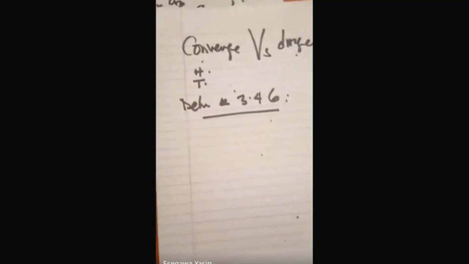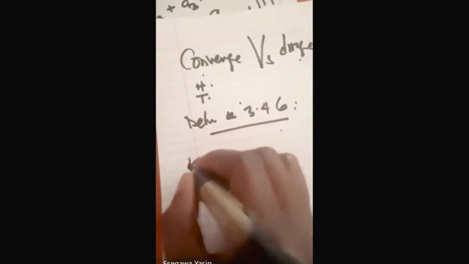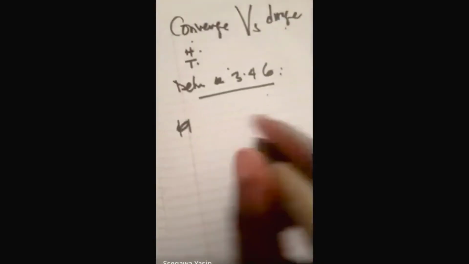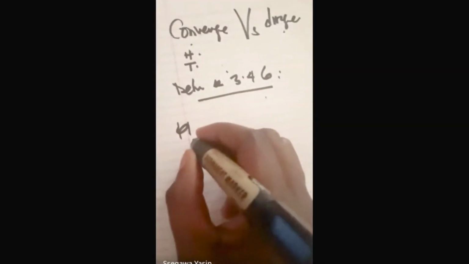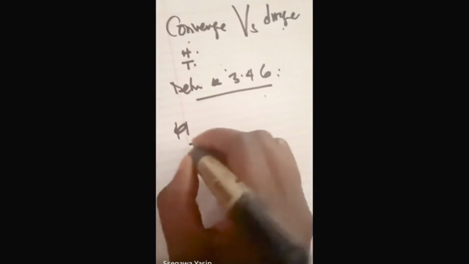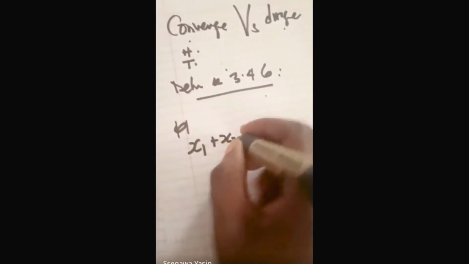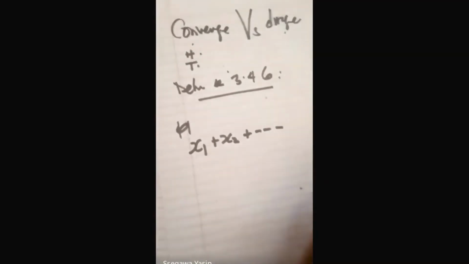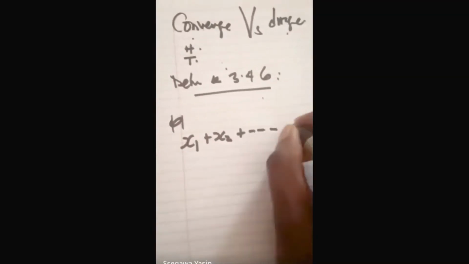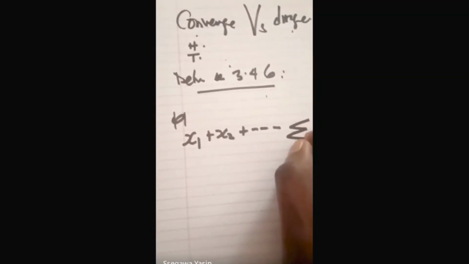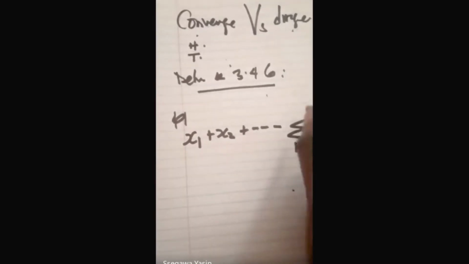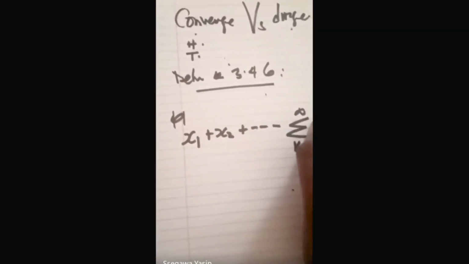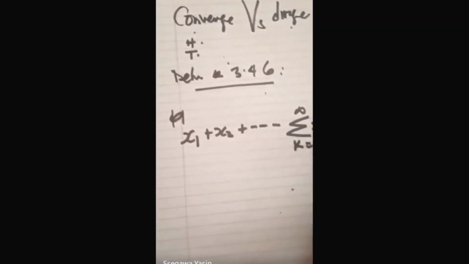You'll see that if we are adding this thing here, before you read there, you see that x1 plus x2 plus other terms can be written as the sum from k equals 1 up to infinity of xk.